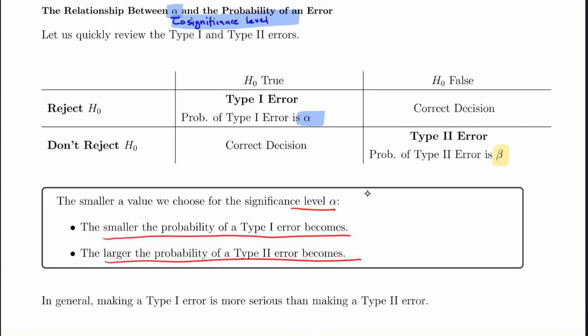So by lowering alpha, we lower the risk of type 1. But by lowering alpha, we at the same time raise the risk of type 2. Now, in general, making a type 1 error is more serious than making a type 2 error. So we want to avoid type 1 errors more than type 2.